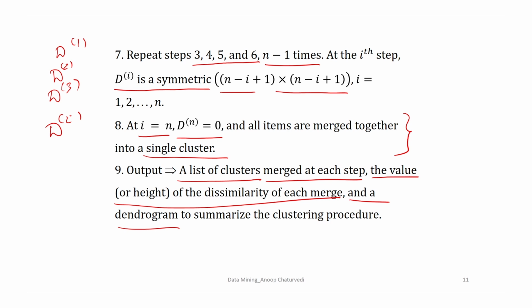So, you get the information that at which distance the merging is occurring, and then ultimately you get a diagram which is called dendrogram. And this dendrogram summarizes the entire clustering procedure.